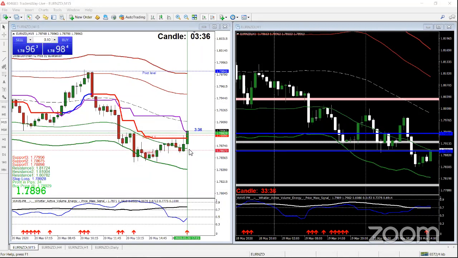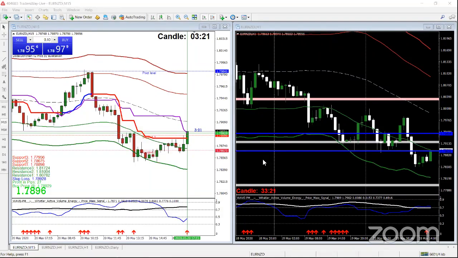Either way, we have to wait for a closed candle. The hour is about to cross out of the trend line. Look on the hour.